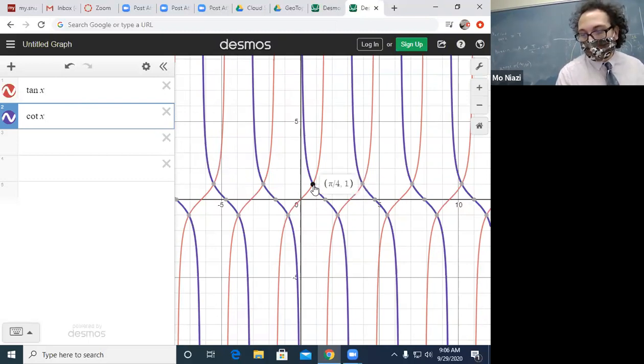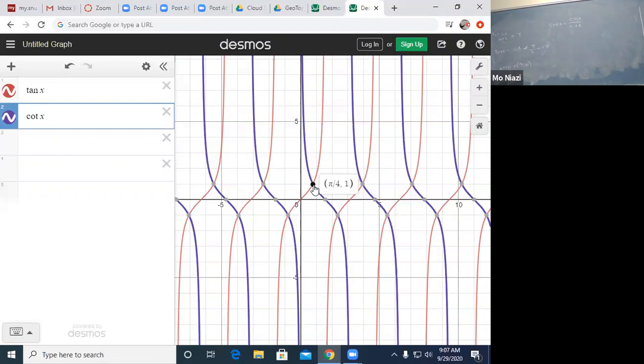Notice they agree at pi over 4. What is cotangent defined as? 1 over tangent. So if tangent is sine over cosine, then 1 over sine over cosine is cosine over sine.